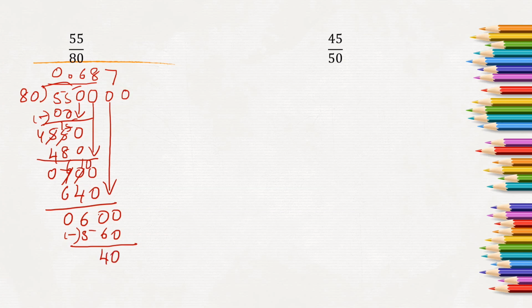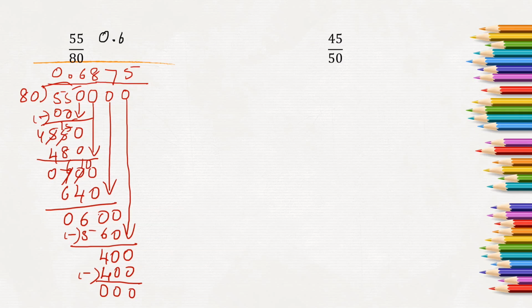Again place one more 0 and then bring down that 0. So now we have 400. 8 5 times is 40, which means 8 50 times will be 400. Now we are left with remainder 0. Now we got the result as 0.6875, which needs to be multiplied with 100.